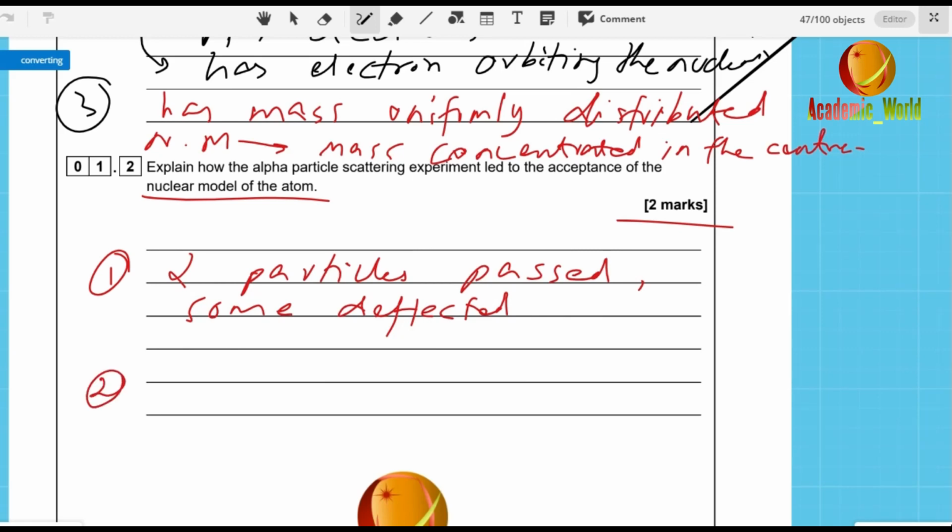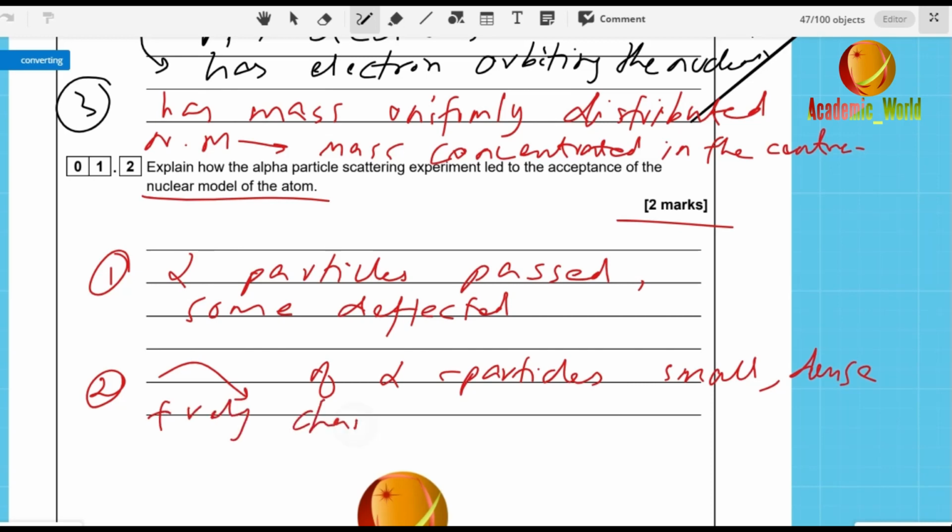And the second point you have to write is that the deflection of the alpha particles from the original path suggested a small, dense, positively charged nucleus surrounded by mostly empty space.